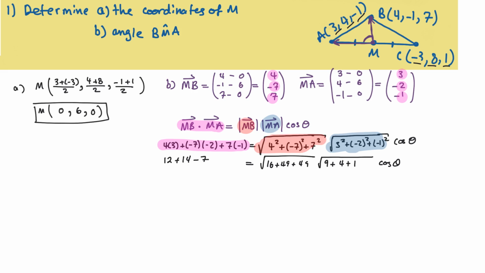I'm going to simplify the left-hand side. I will get 19, and that is equal to root 114 times root 14 cos theta. Divide both sides by root 114 and root 14.